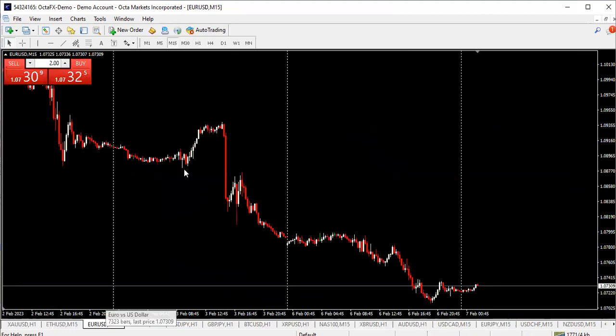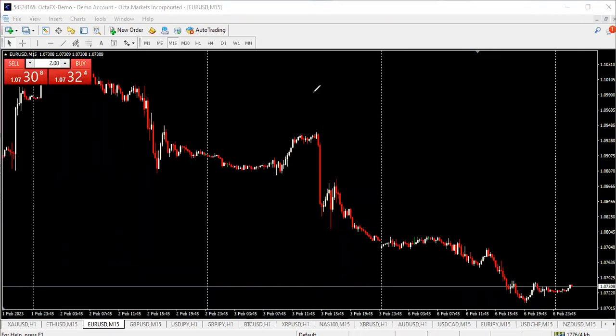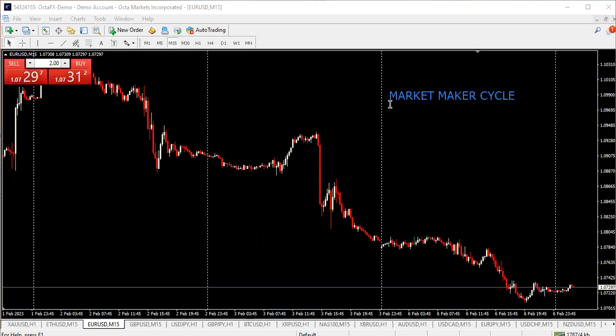USD, based on the Btmm. So when you understand your market maker cycle, you understand the cycle.